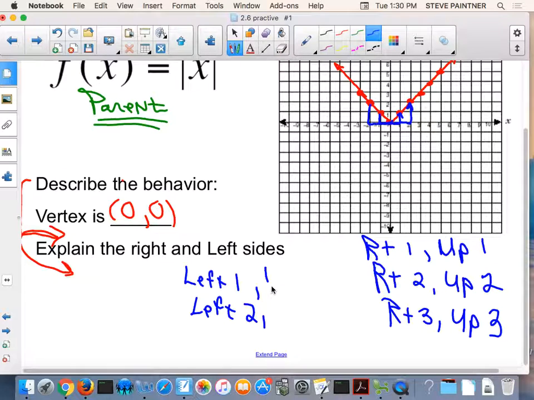I think I'll stop there, guys, because the pattern's pretty easy. Now the pattern's so important because everything we do in here is just that parent doing this. That's all it's doing. But the shape of it never changes. Well, I shouldn't say that because it's going to change tomorrow. But we won't talk about that right now.